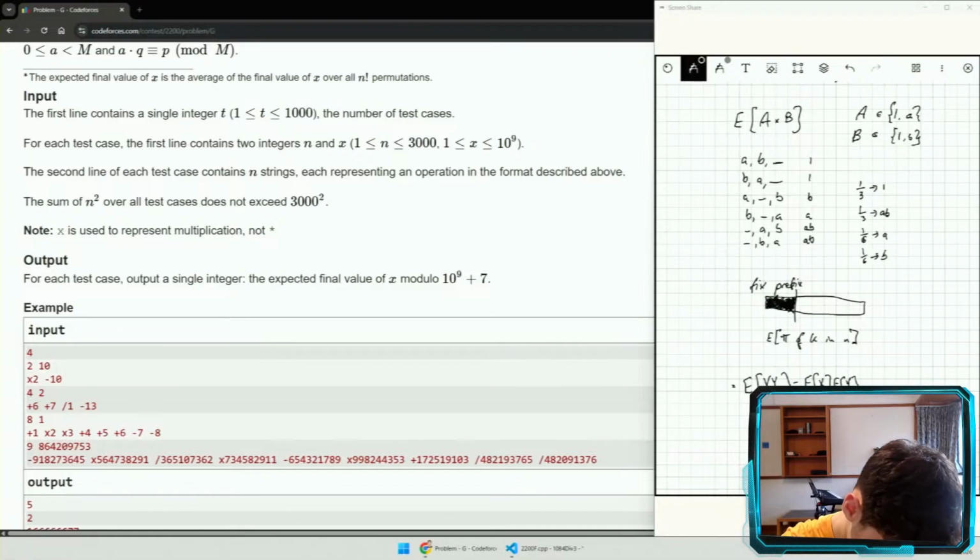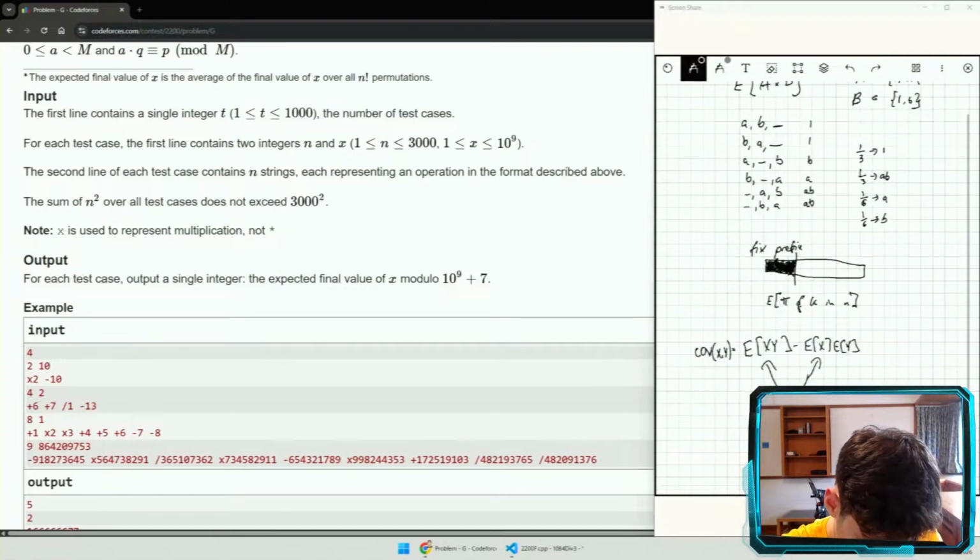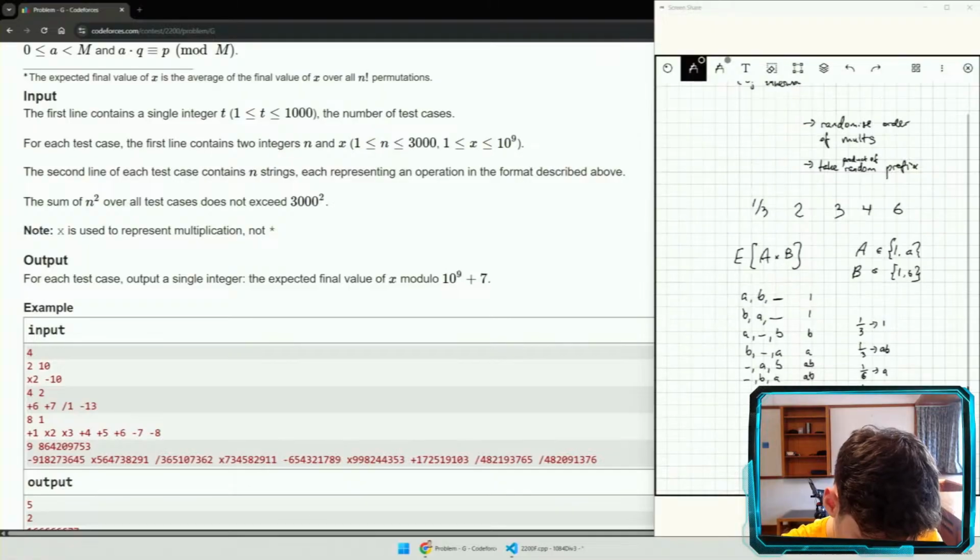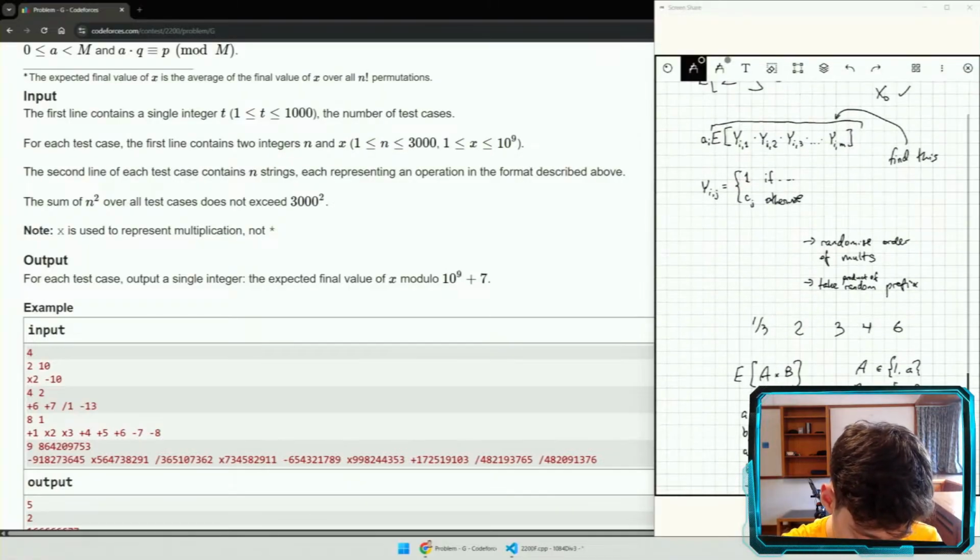This is the covariance. And this is 0 when x and y are independent, and that exactly means that this expectation is equal to the product of the expectations. So basically, if I make these variables independent somehow, then the expected product is nice and easy.